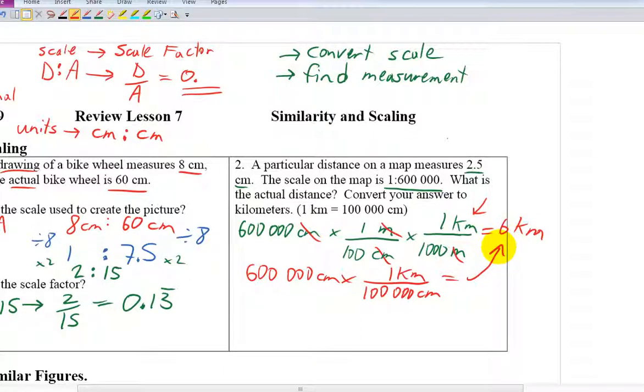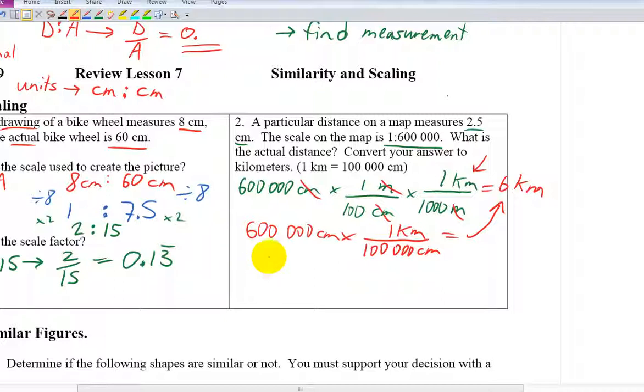So I showed you two methods there. All right, your choice which one to use. So what we can do is take our scale and write it as 1 centimeter represents 6 kilometers. I specifically write down my units so I remember what they are, because they're different now.